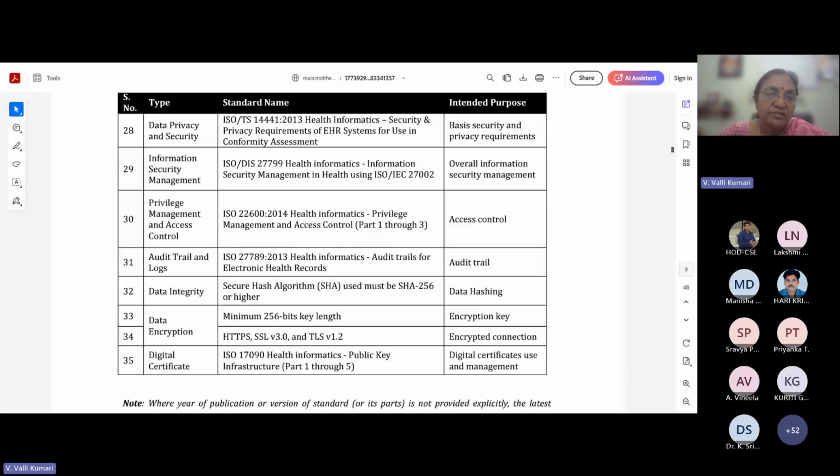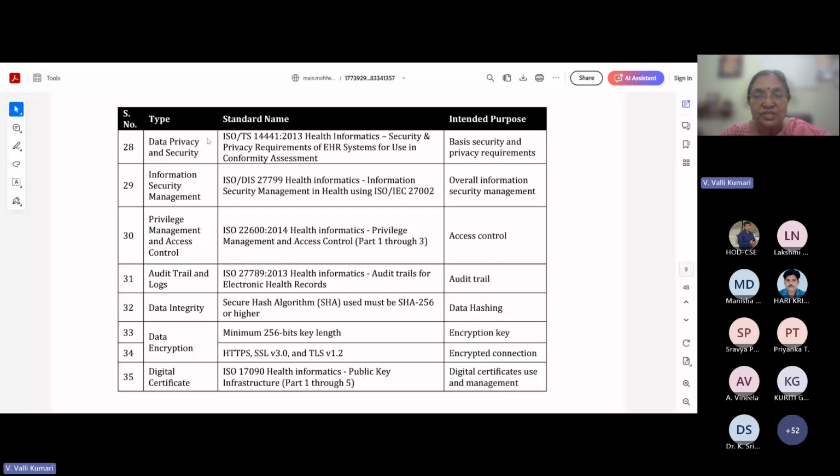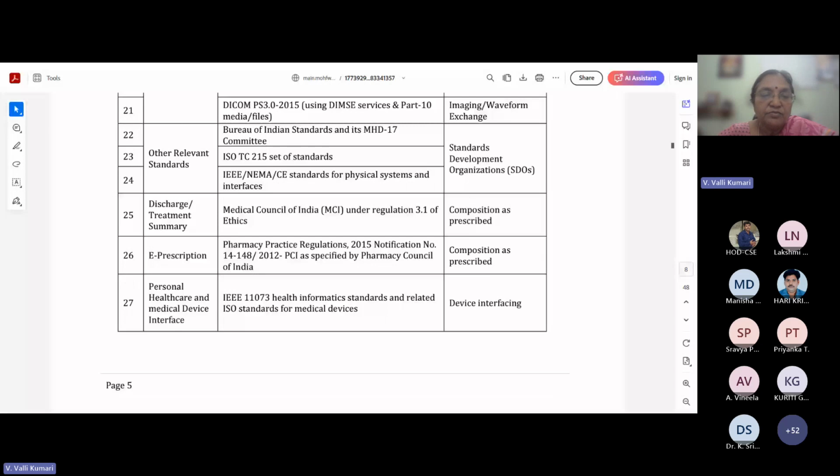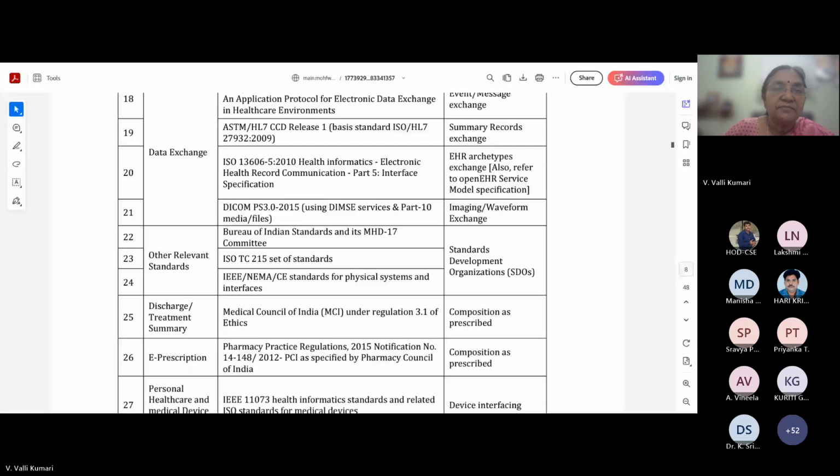There are audits for these hospitals on this data as per ISO guidelines, and data privacy and security, information security. You know, all this is patient-related sensitive data. Similarly, data integrity, data encryption, digital certificate. So pharma related, you have a lot of standards data.